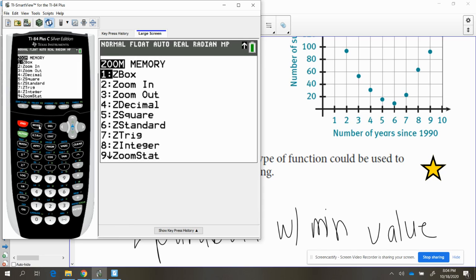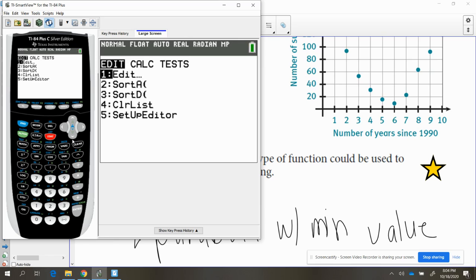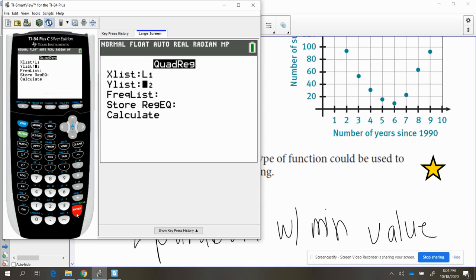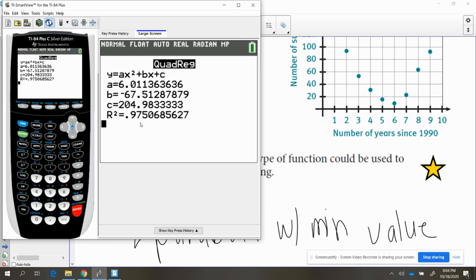Go back into the stat menu after you have your data typed in, and you're going to calculate, in this case, a quadratic regression. So option 5. And what we're going to see here is an approximation for our quadratic equation.